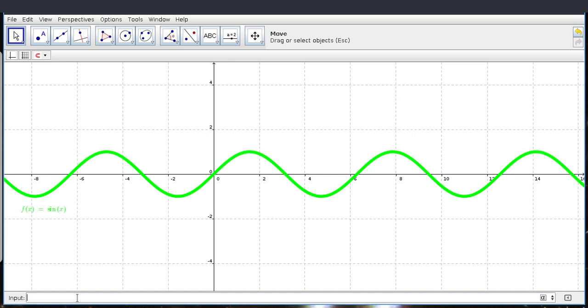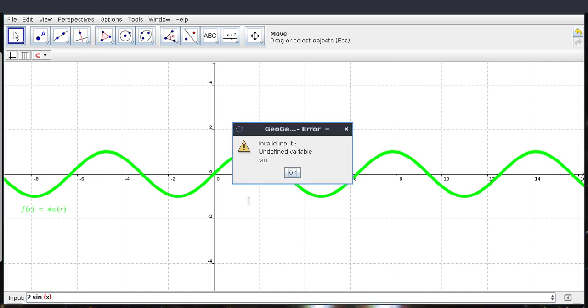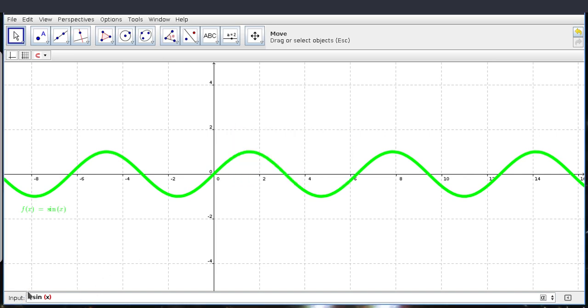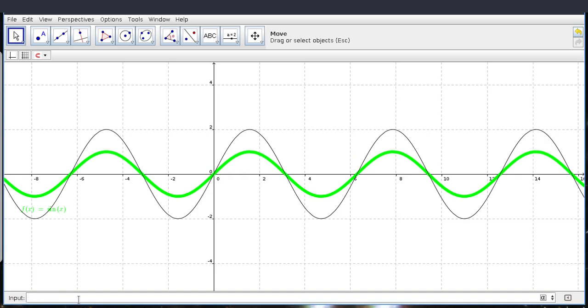Let's put in another graph now. Let's say we have 2 sine, open bracket x, close bracket. All right, good.